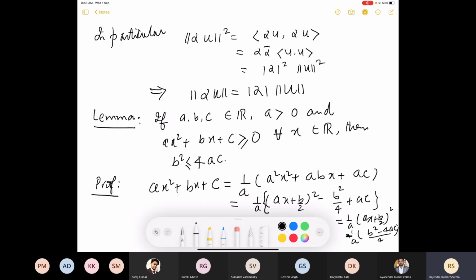So this is equal to 1 by a, ax plus b whole square minus 1 by a, and you can see that this is here b square minus 4ac.